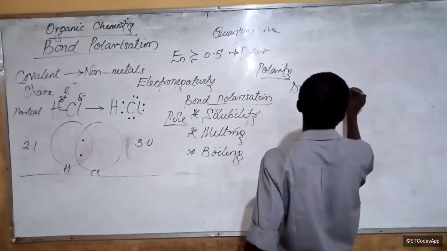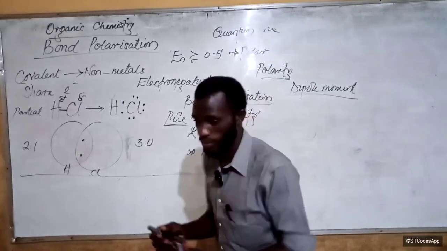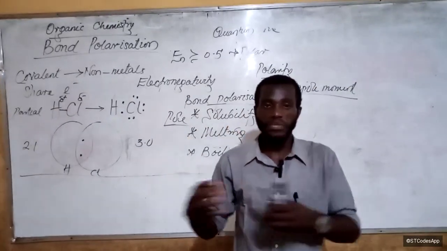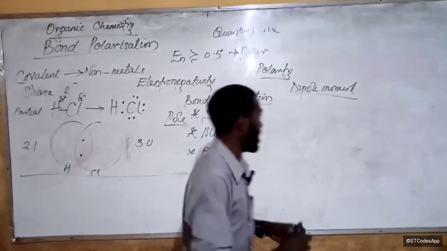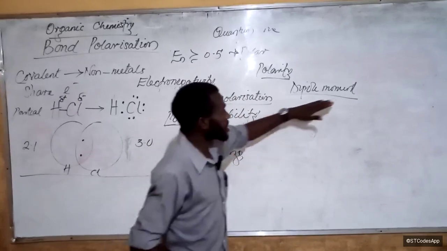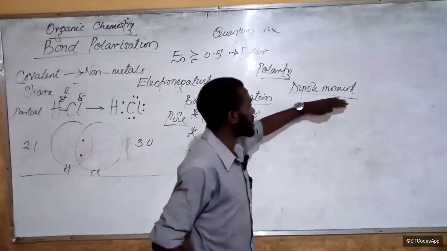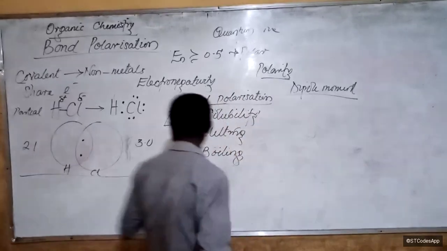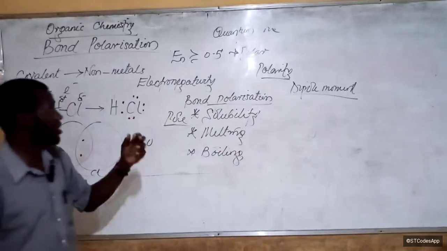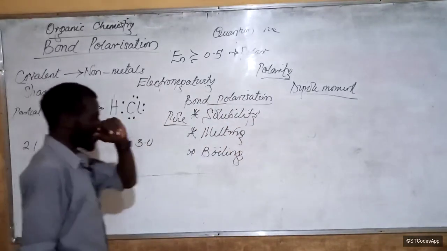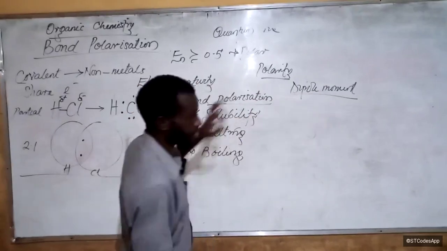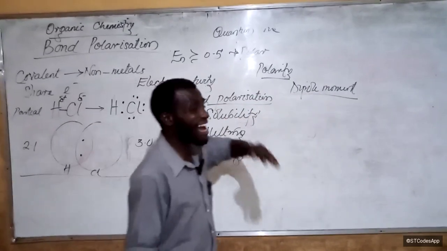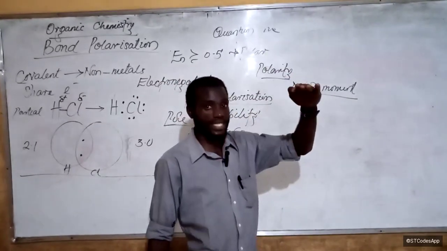Mathematically, dipole moment is basically the product of the charge separation, the positive and negative charge separation, and the distance between them. But now, if a molecule has a high dipole moment, it means that it's going to have a higher polarity. Is that okay?